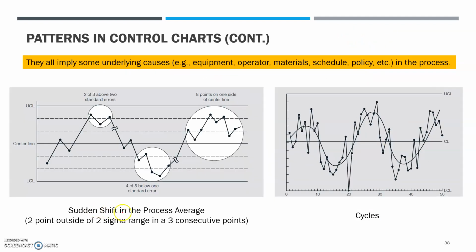And here is a sudden shift in the process average. You see a sudden jump from a low point to a high point, then from a high point to a low point, and here again from a low point all the way to a high point. The sudden shift in process average also helps you stop and think about what actually happened here.